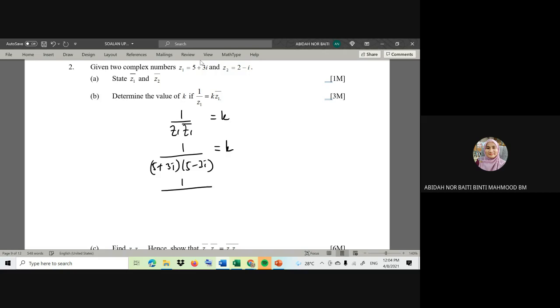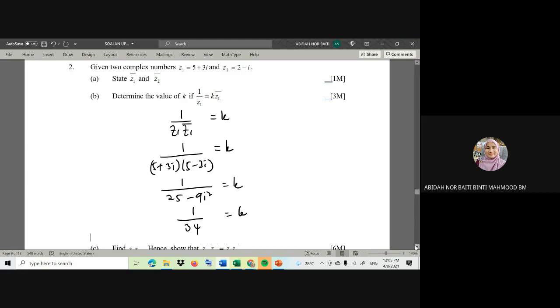Then we expand the denominator, we get 25 minus 9i squared. So become 1 over 25 plus 9, right? 25 plus 9 equals to berapa? Four. Okay, macam tu saja, senang saja. Terus buat K tu as a subject ya.